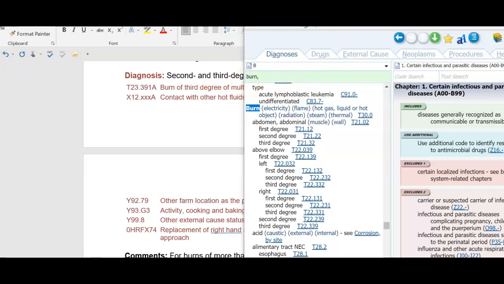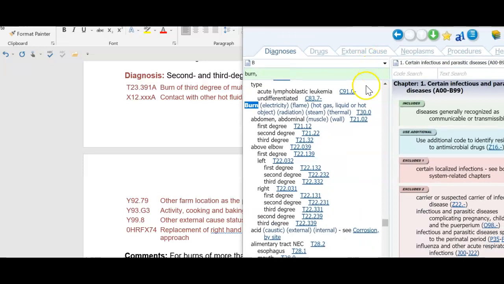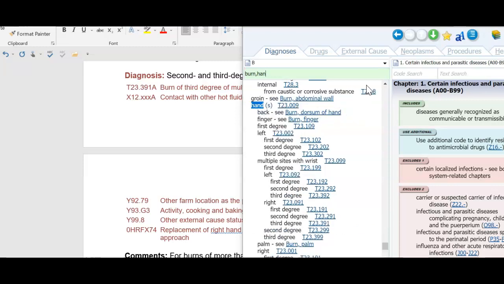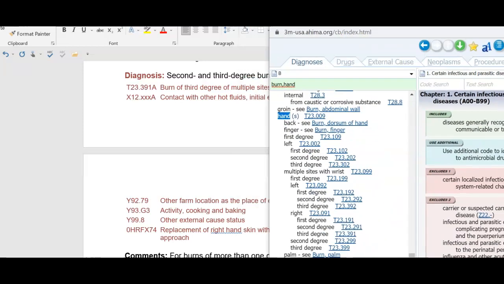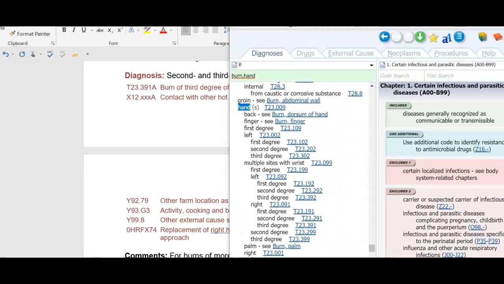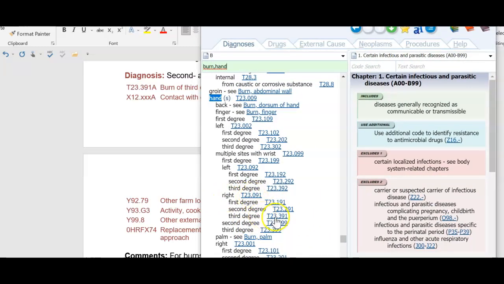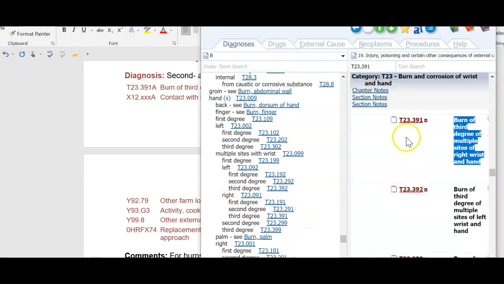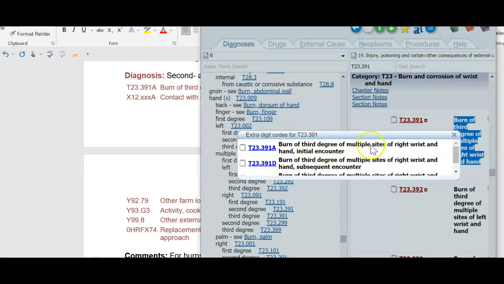And we have multiple sites of the right wrist and hand. Okay, so we have hand, multiple sites with wrist. We want to go down to what hand it was, which is right. Okay, and we know that we have third degree. So I'm going to go right down to third degree, T23.391. Make sure I click on that. That's going to give us initial encounter. So that's going to be my first code.